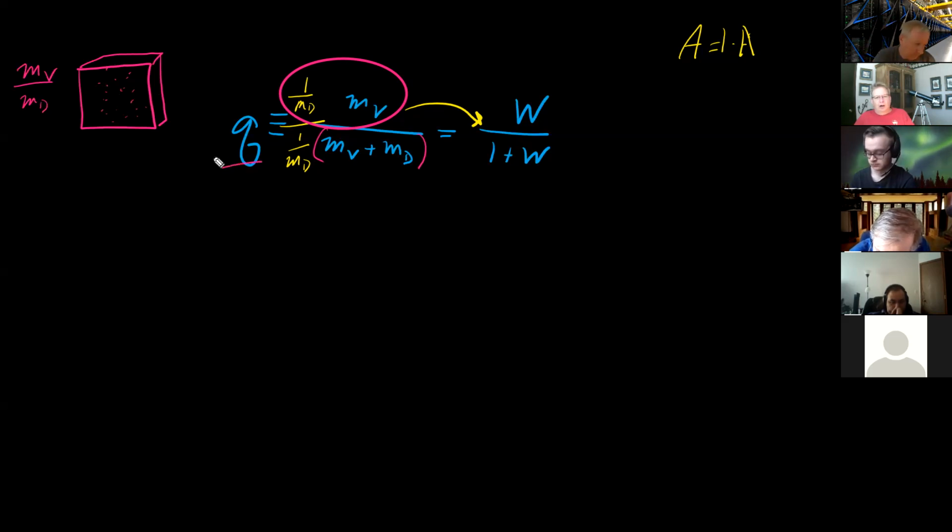Right? This is more of a percentage, which is why it's called specific humidity. Because it is a percentage. Mass of the vapor, of the total mass of the air.